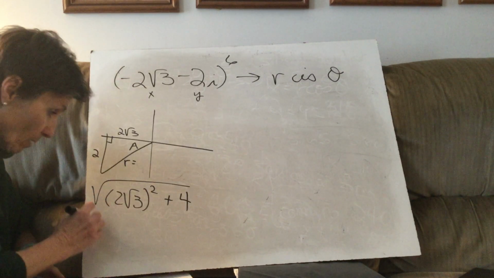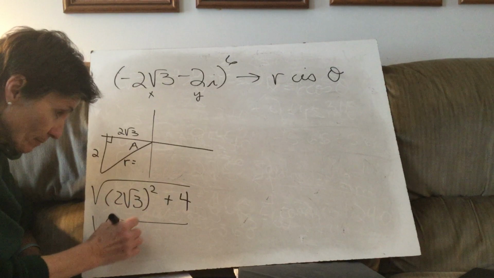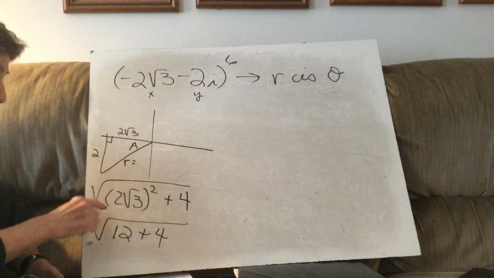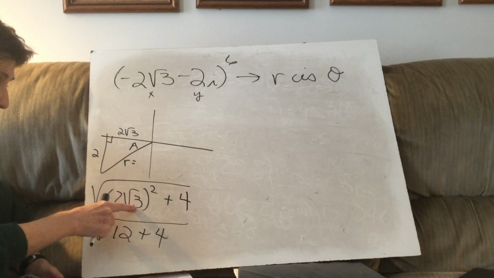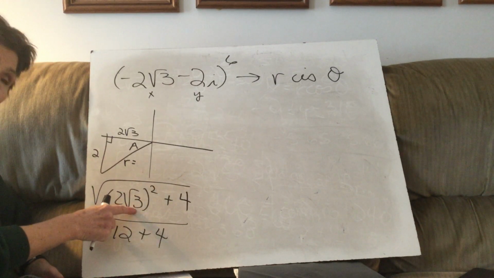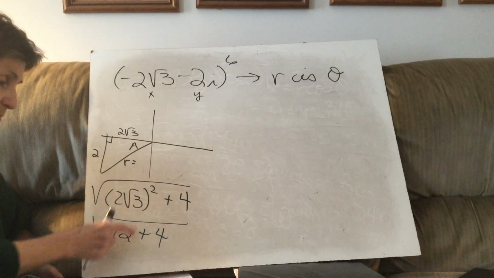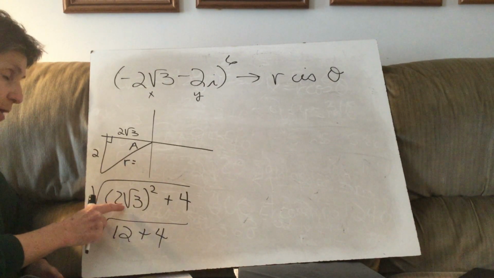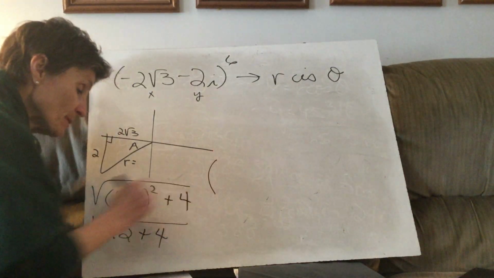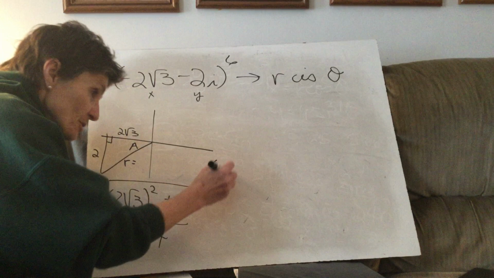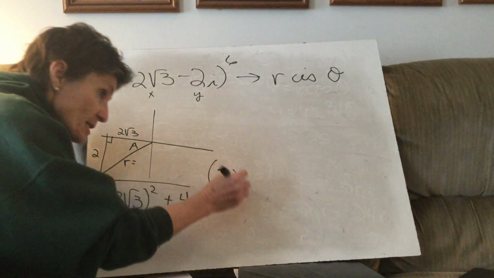You should get 12. Now, if that's bothering you, you can always square this and multiply them together. So 2 squared is 4, root 3 squared is 3, 4 times 3 is 12. If you're having trouble typing that in on your calculator, you type in the parentheses, then 2, then square root.